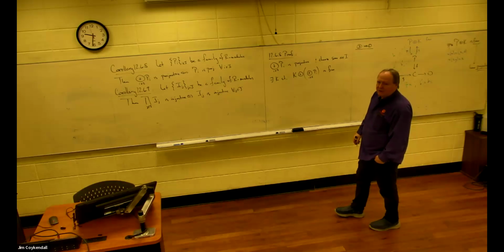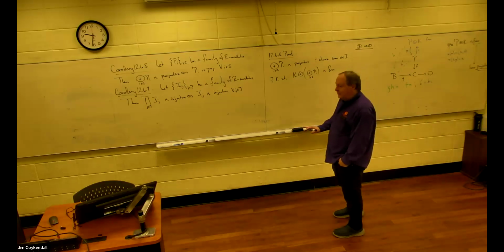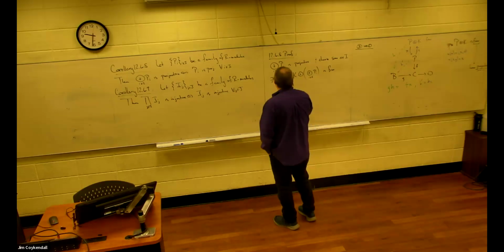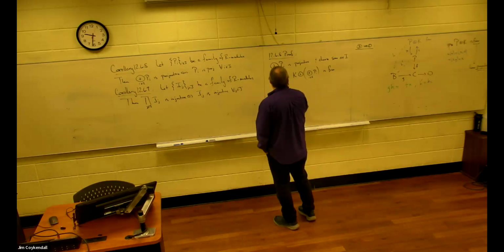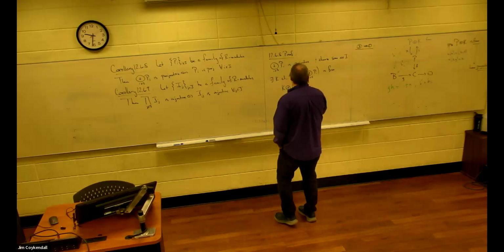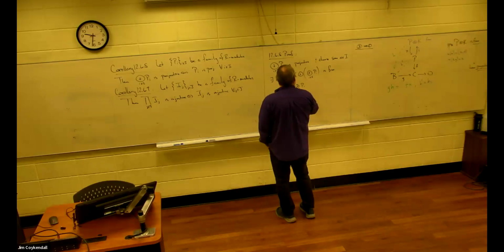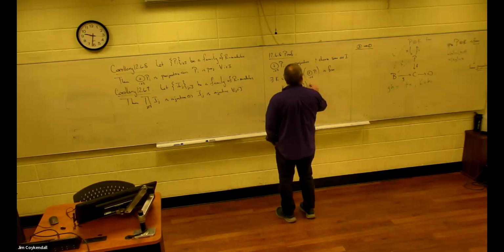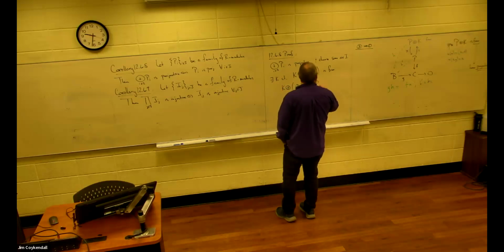I'm playing a little fast and loose, but it's probably fairly obvious. Notice that K direct sum the P_i, i not equal to alpha, direct sum P alpha is free.